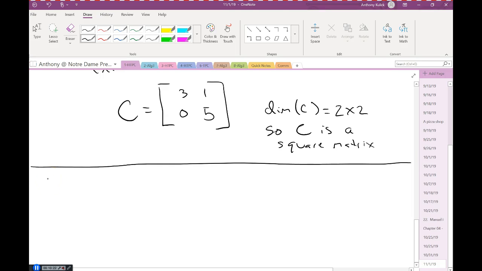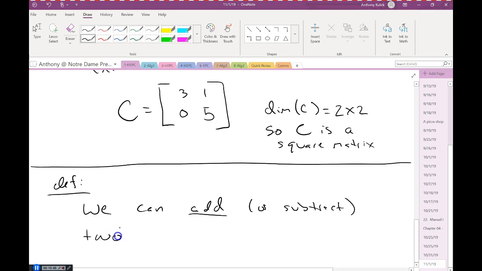What we'll start doing now is defining some operations, like how we can combine these matrices together. That's ADD, the word add.